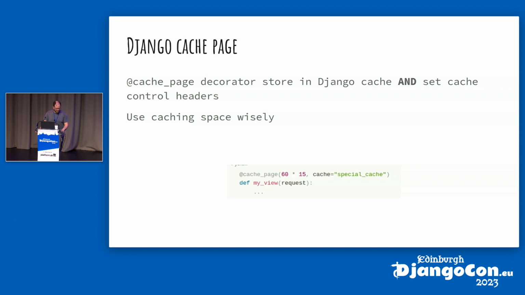You can define in which cache you want to store. And not only that, it will add cache control headers, so you can tell the browser that you can cache that for, say, 15 minutes, and that's okay because I'm caching it here too. If you call me again, I will just return the same thing.